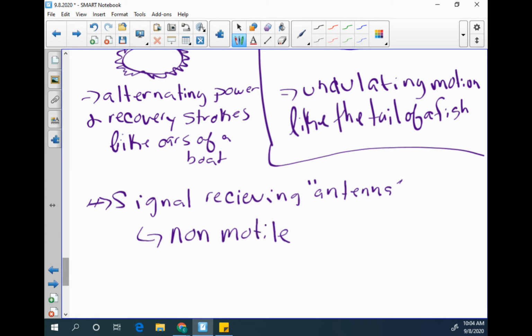And usually there's only one, and that is called the primary cilia. So if a cell only has one cilia, most likely it is used for signaling rather than movement. I forgot to close that parenthesis.